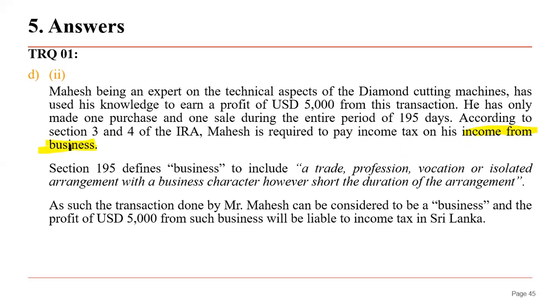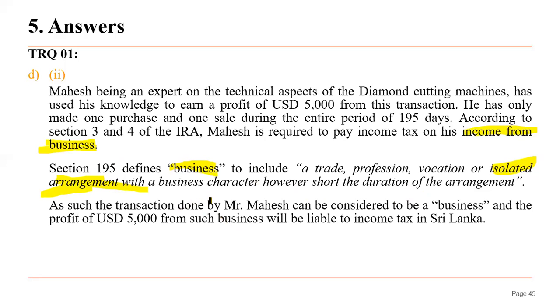Then Section 195 defines business as trade, business, profession, vocation, isolated arrangement. Here, even though it is one transaction, Section 195 says business means even an isolated arrangement is also included, an isolated arrangement in the nature of business, however short the duration of the agreement.